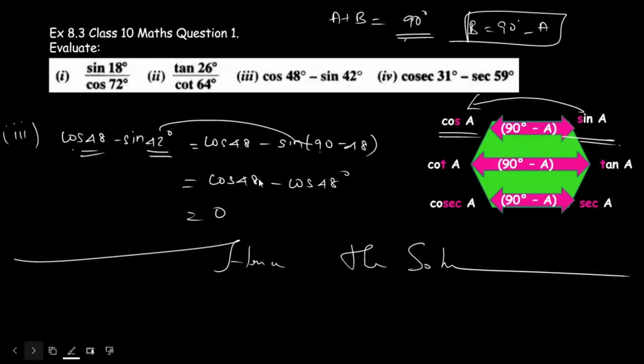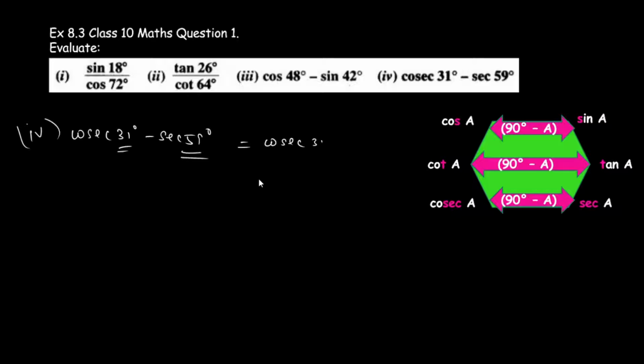Very simple, right? And subdivision 4 is also a similar type of problem. Cosecant 31 degrees minus secant 59 degrees. Write 59 degrees in terms of 31. Cosecant of 31 degrees minus secant of 90 minus 31, since 90 minus 31 is 59.